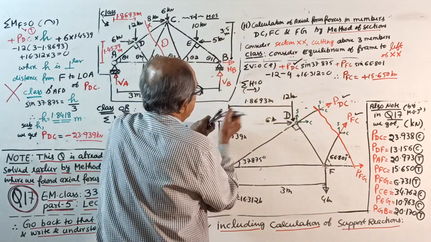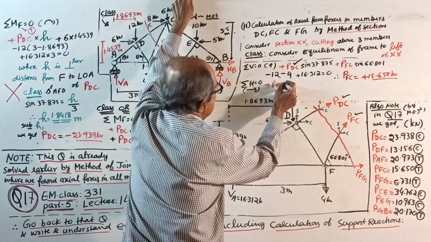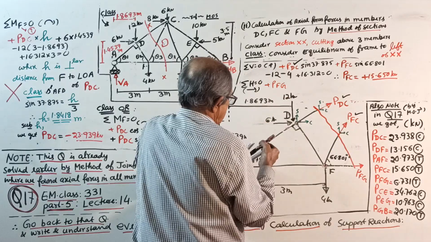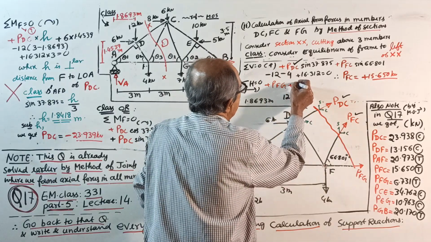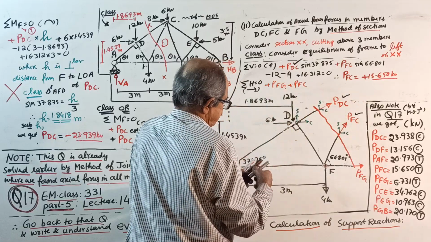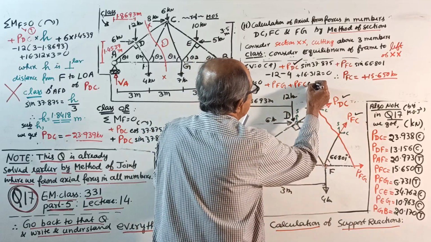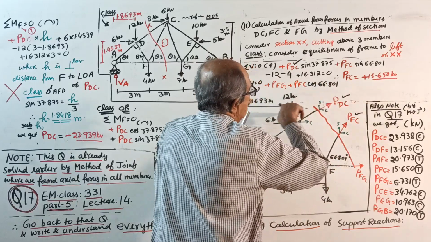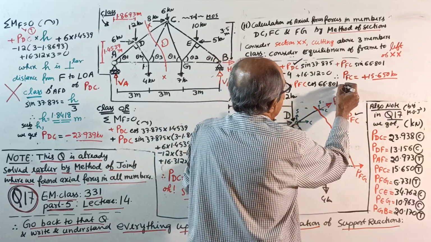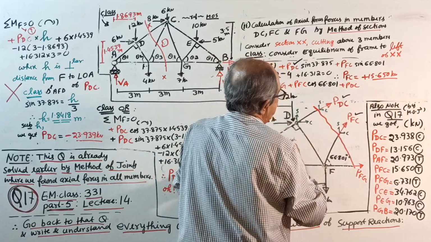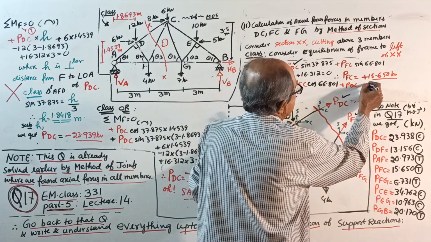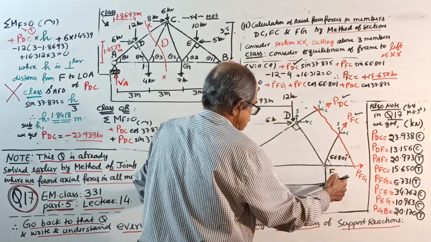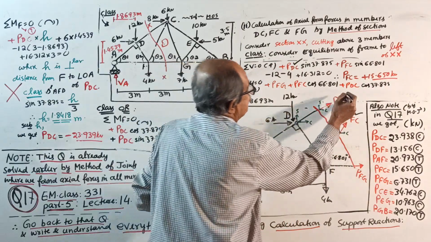It is plus PFG, then plus PFC, plus PFC cos 66.801, plus PDC cos 37.875, and then 1/4 plus 6.